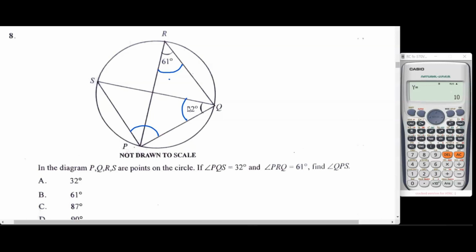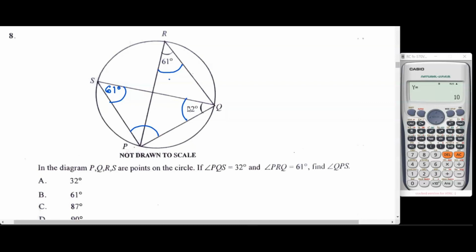So with the bow tie property, we can copy the 61 degrees here and send it there. So it means angle PSQ is also 61 degrees. Yes, you can just transfer it there simply.